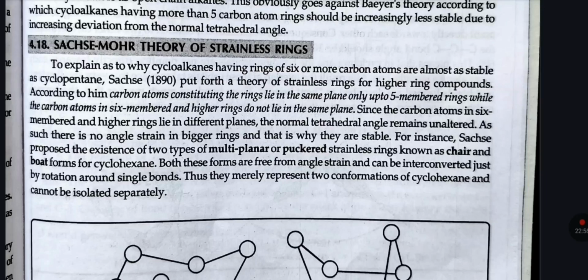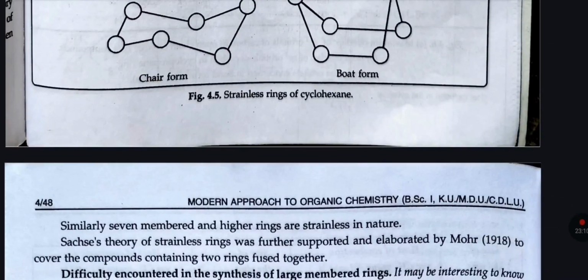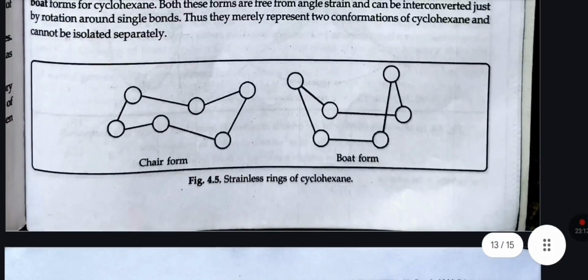Thus, they merely represent two conformations of cyclohexane and cannot be isolated separately. Here, the chair form and the boat form are shown in this figure. Figure 4.5 shows the strainless rings of cyclohexane.